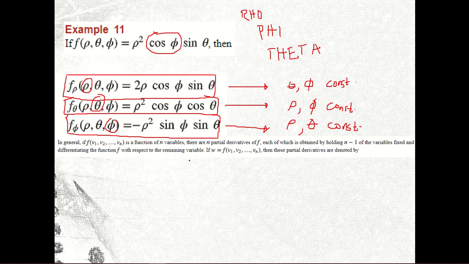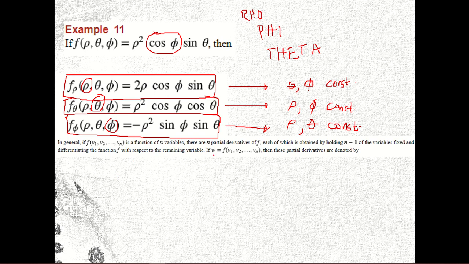Each is obtained by holding n minus 1 of the variables fixed or constant and differentiating the function f with respect to the remaining variable.